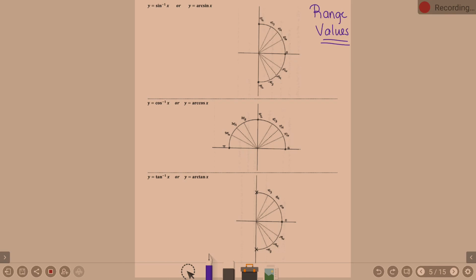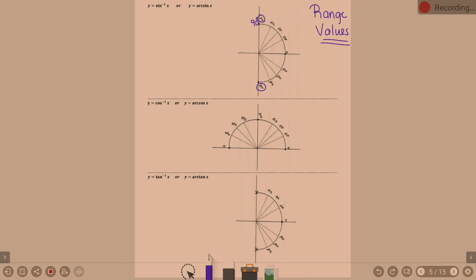Now, visualize. I know you guys know where pi over 2 is, right? Pi over 2 is up here. To get to positive pi over 2, you go up and counterclockwise. How do we get to negative pi over 2? You go down and clockwise, right? So right there, anything between negative pi over 2 and positive pi over 2 are allowed answers. Or in other words, what's pi over 2 in degrees?